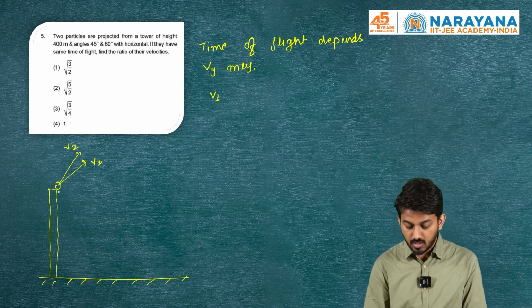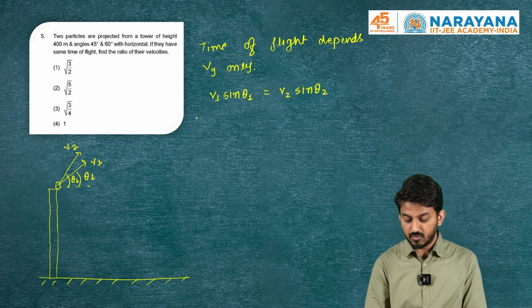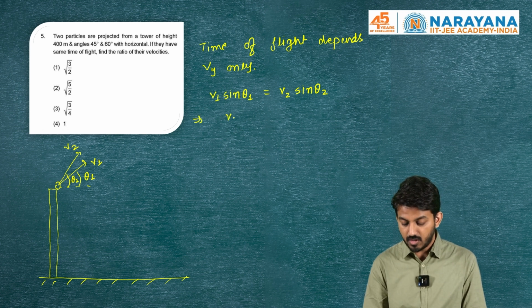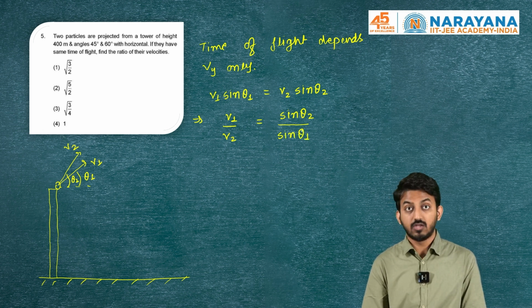Now v1 sine theta 1 should be equal to v2 sine theta 2, giving us v1 over v2 is equal to sine theta 2 divided by sine theta 1.